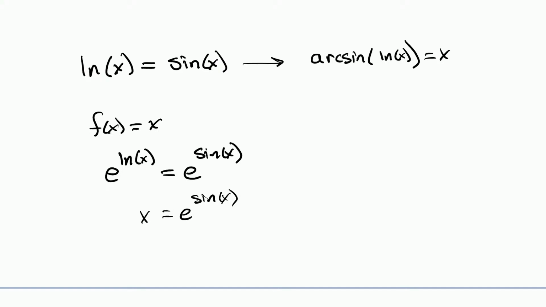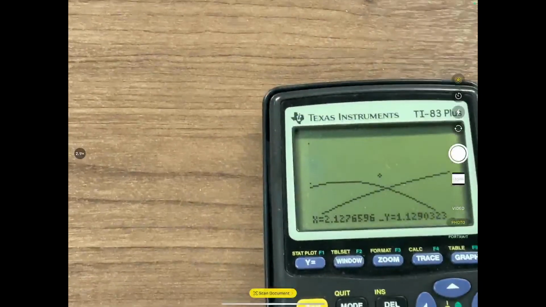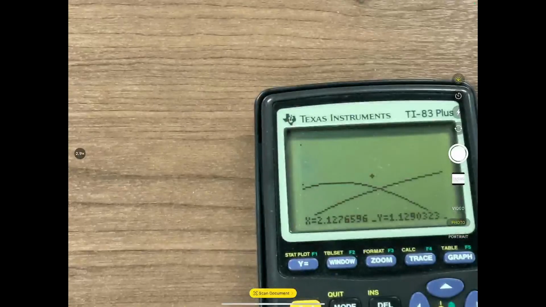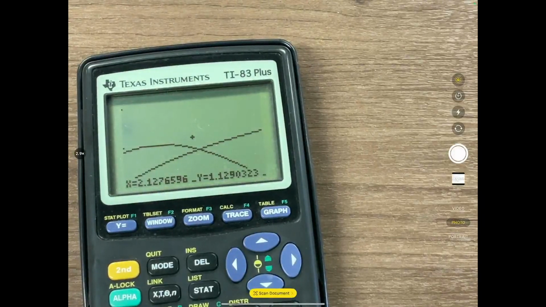I'll show you my picture once it gets done. It's taking its sweet time graphing itself. Okay, so there's my graph, and just to orient you, the one that's going downward is the sine curve. The one that's going upward is natural log of x.